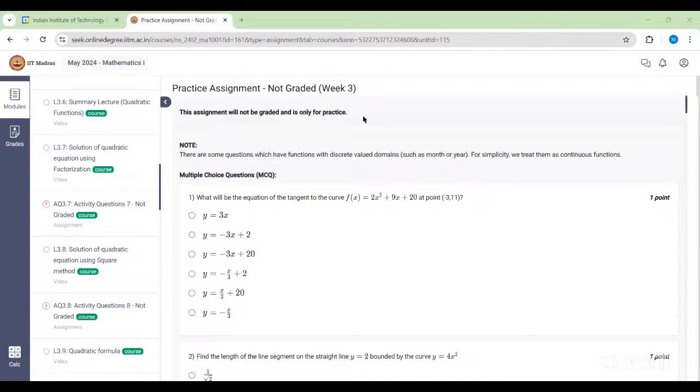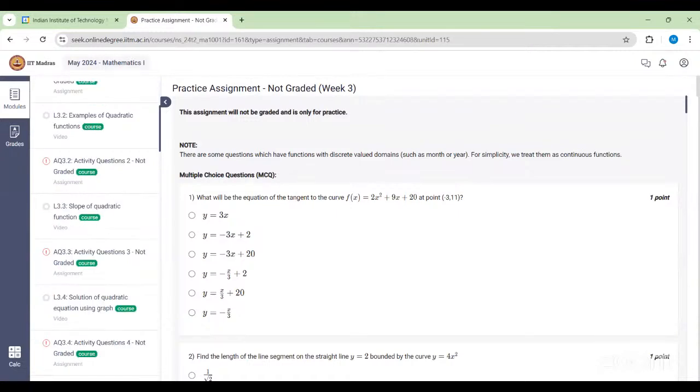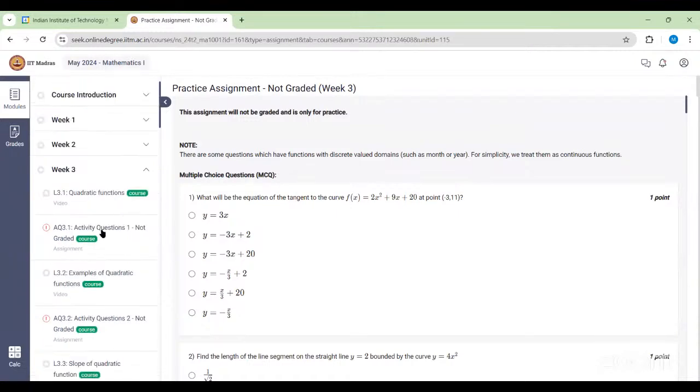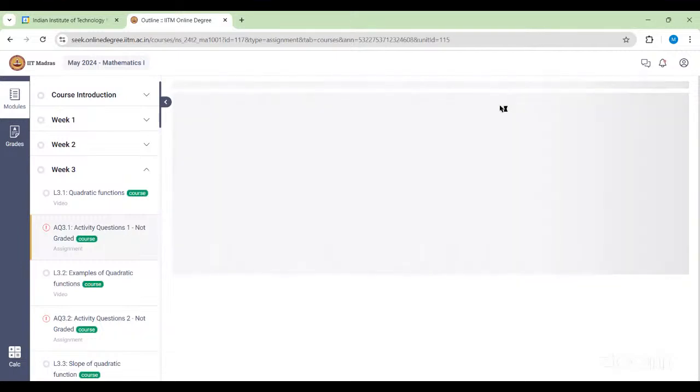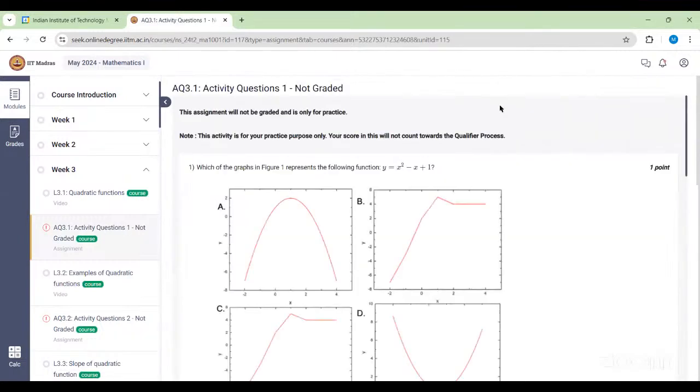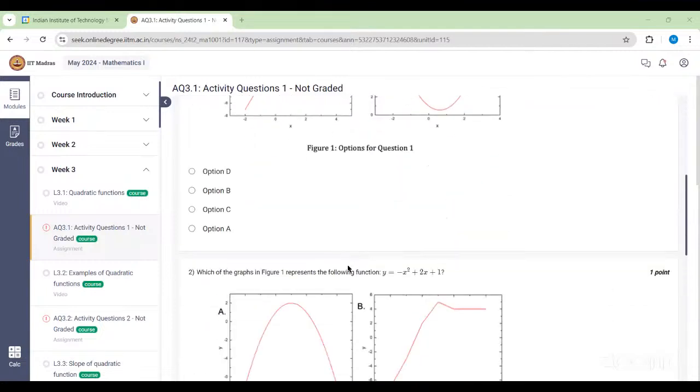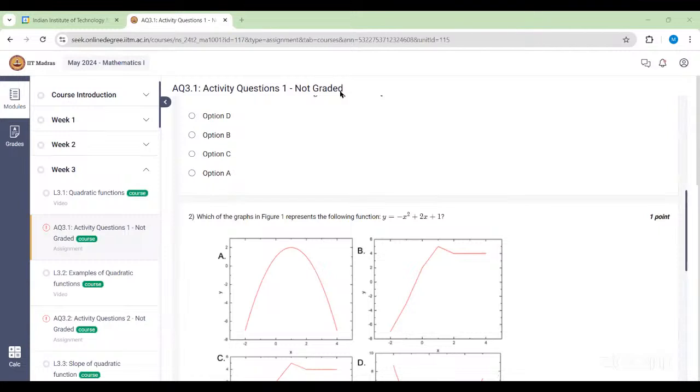My screen is visible, right? Yes, madam. So let's start with 3.1. Any doubt from activity 3.1? No, ma'am. Anyone? If you have a doubt, just mention the question number in the chat box.